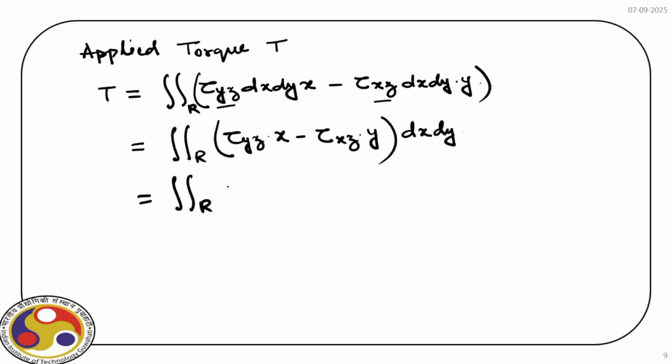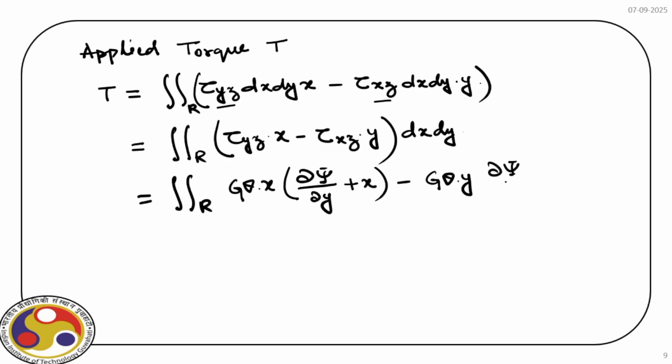It is G theta times x times... tau yz is equal to differential of psi with respect to y plus x, minus, again we have G theta times y, and tau xz is differential of psi with respect to x minus y.